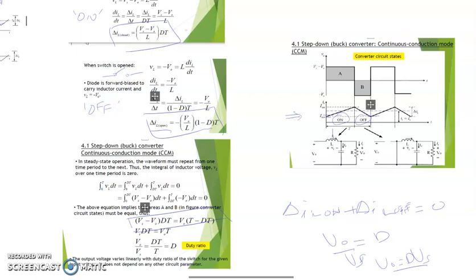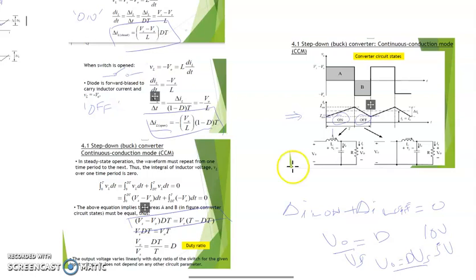If we have a source of 10 volts and we need only 5 volts, we just adjust the duty cycle to 50%, 0.5 of 10 volts. So the formula is solved like this for this buck converter circuit.